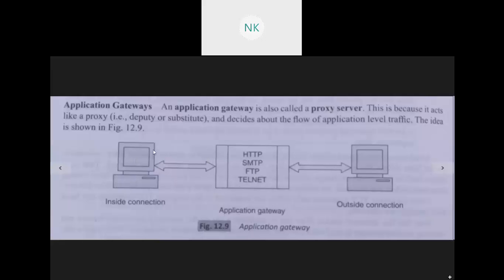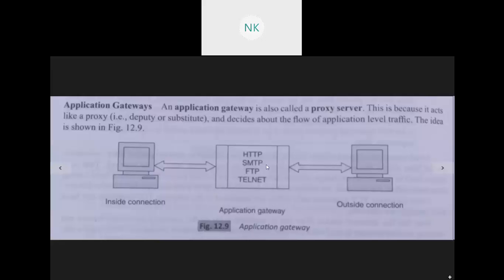Now this application gateway asks the user about the domain name or the IP address of the host or the server that he wants to communicate with. Means the application gateway asks about the address, the IP address or the domain name, of the host to which the user wants to set up a connection.